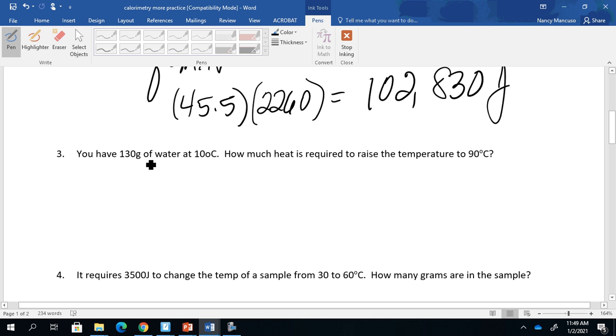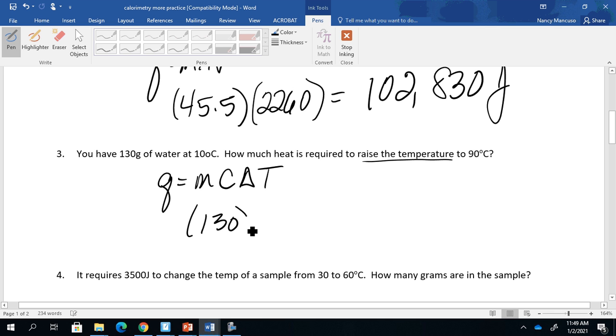All right, you have 130 grams of water. How much heat is required to raise the temperature? Okay, if I'm raising the temperature, I want Q equals mCΔT. So my mass is 130. The specific heat of water is 4.18. Again, that's on the front of the reference tables. And then I'm changing the temperature. I'm going from 10 to 90.